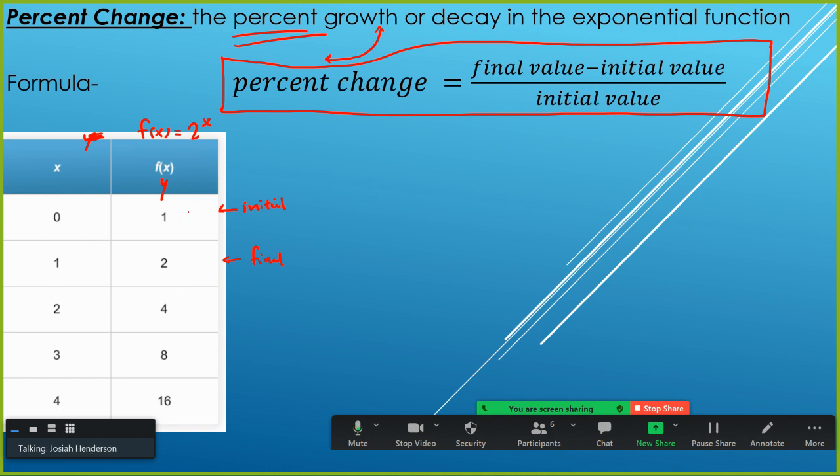So for this, our final value is 2. The initial value is 1. And then we divide by 1. 2 minus 1 is 1. 1 divided by 1 is 1. So we got a percentage of 1. Now, as a percentage, this would be 100%.